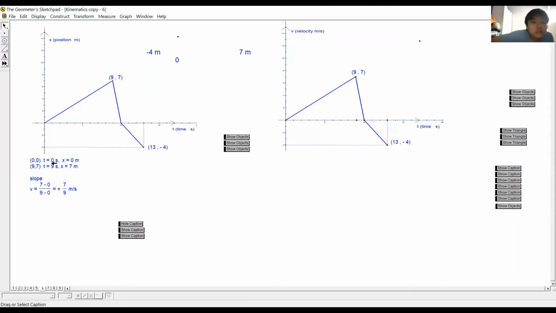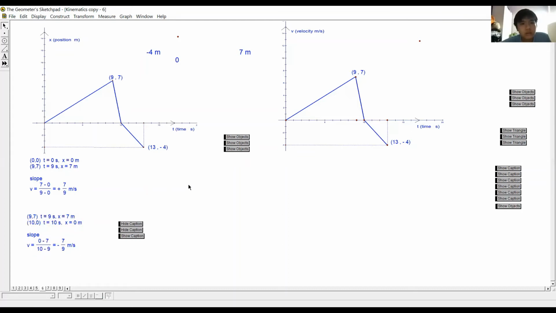So the slope is meter per second. It's a positive number, which means it is traveling with a constant velocity, moving towards the right.